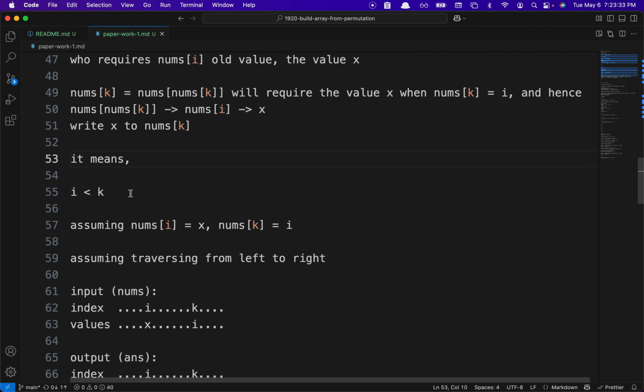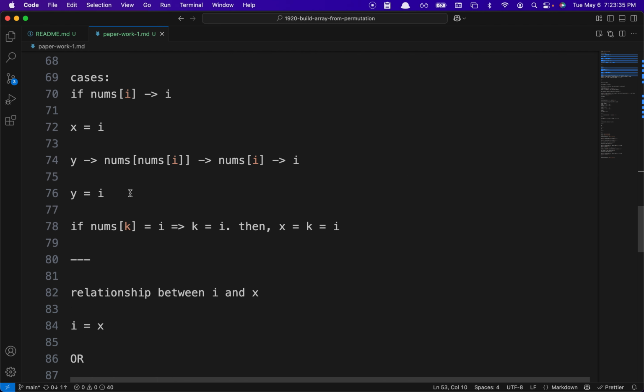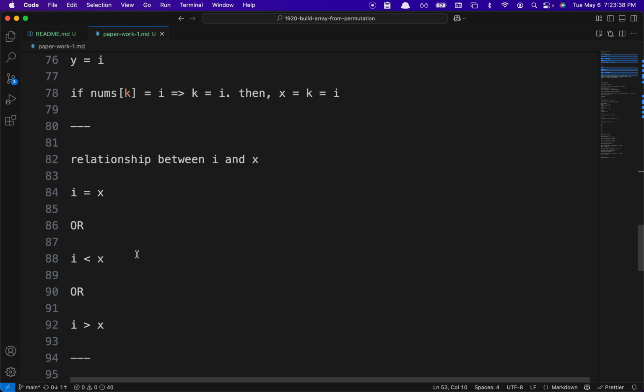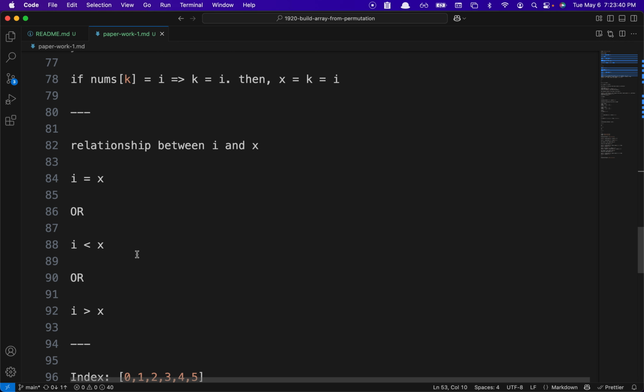You're taking values only for I less than K because once we write I, we can't write to nums of I, as in, basically answer of I. We can't use answer of I where we need.